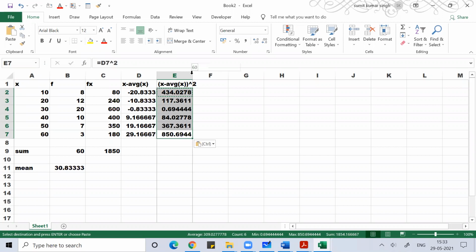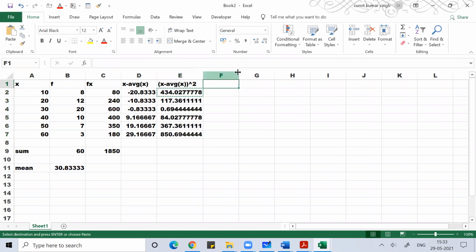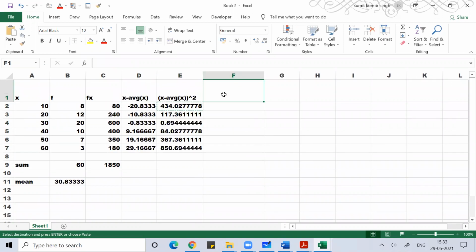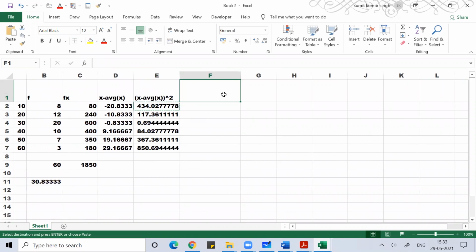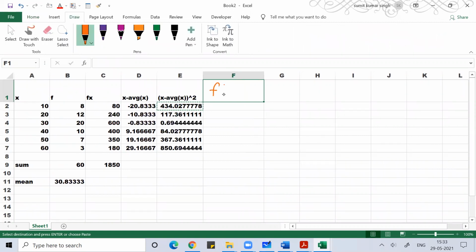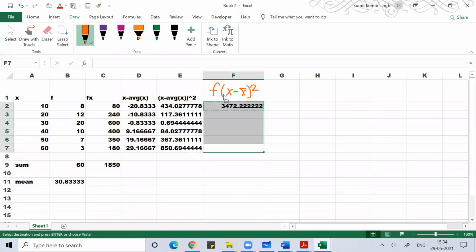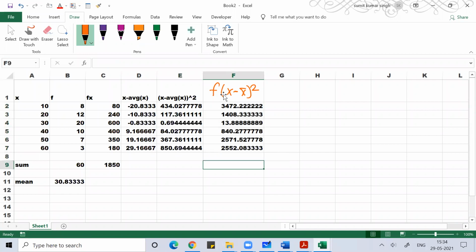Once you get this, now multiply this with f. I want f into (x minus x bar) whole square. Find this. Once you get this, what is the formula of standard deviation, guys?